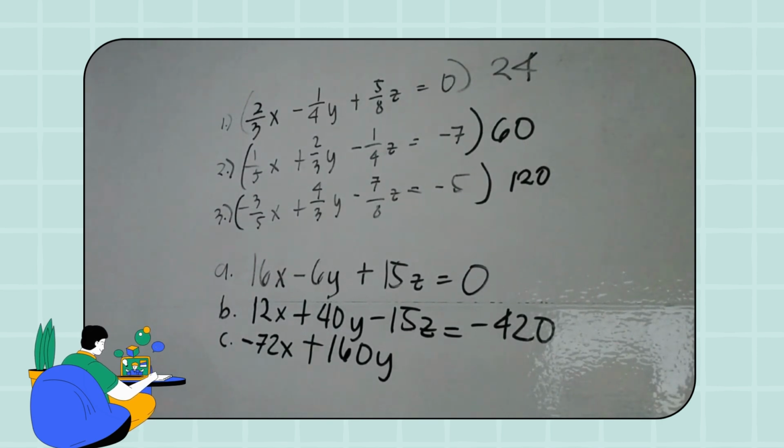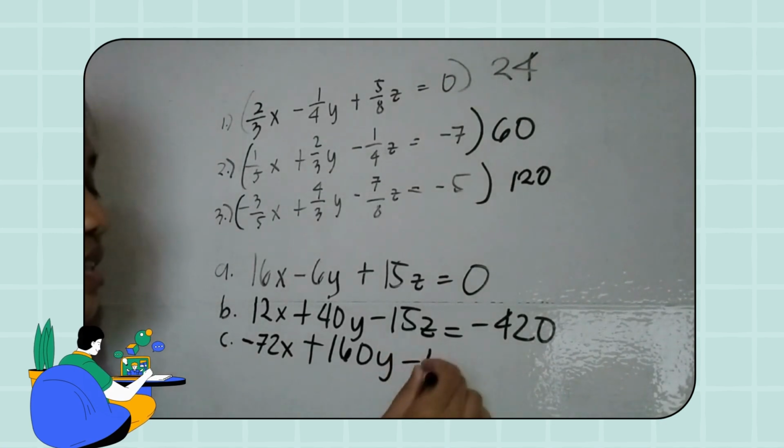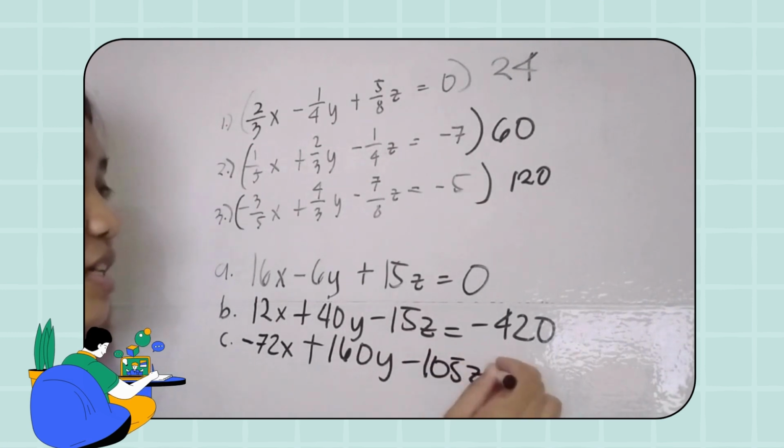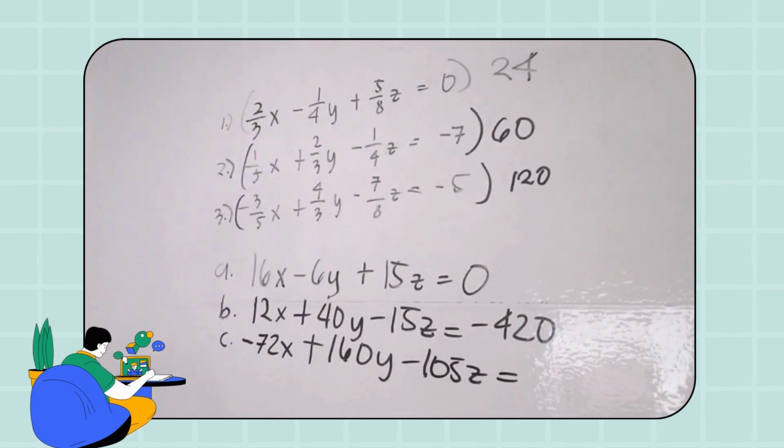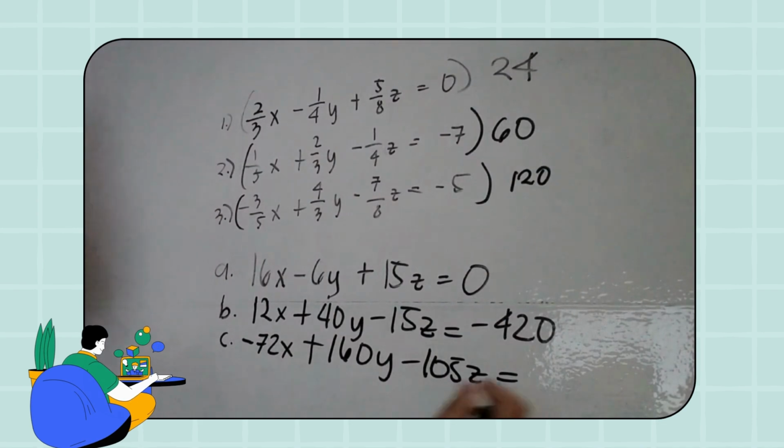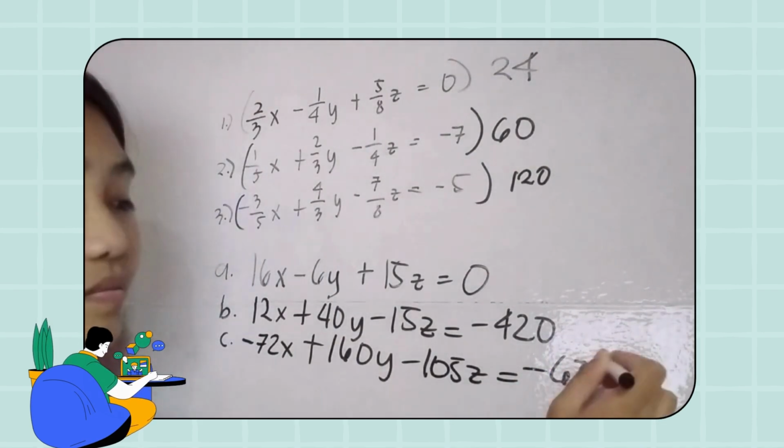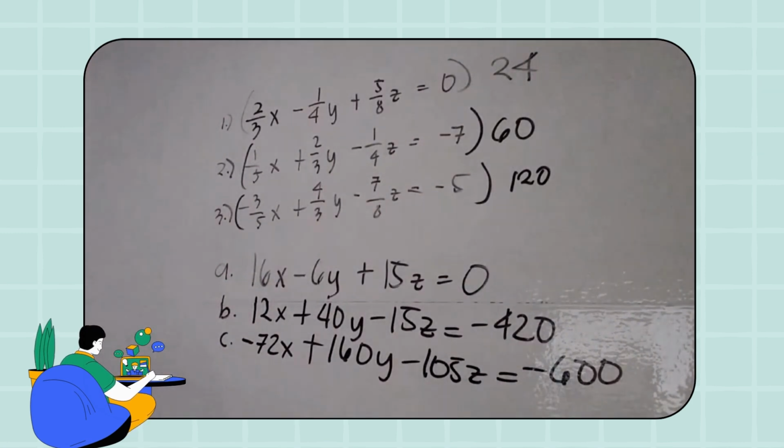And 120 divided by 8 is 15, times negative 7 is negative 105z. And 120 times negative 5 is negative 600.